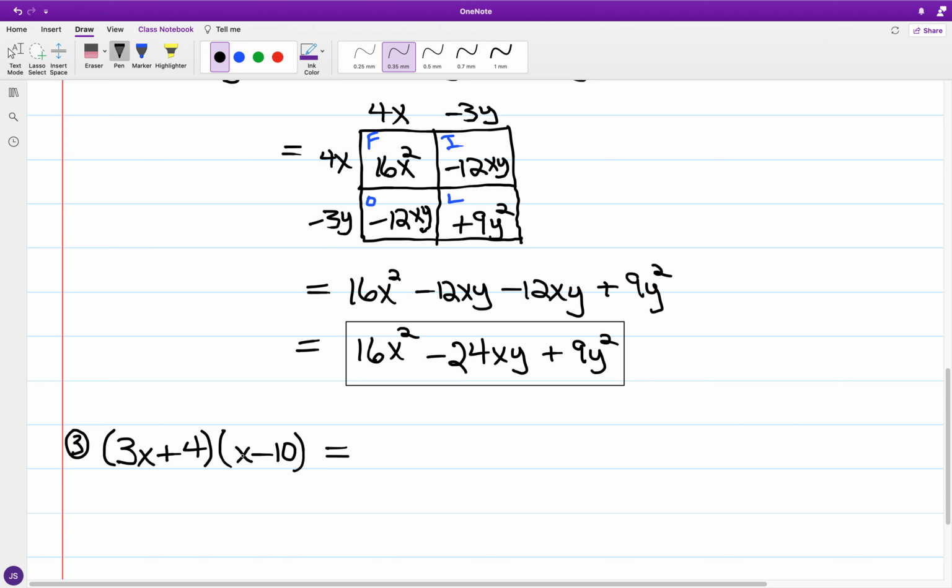Regardless, for the first terms, you'll have the interaction between 3x and x. For the outside terms, 3x multiplied by negative 10. For the inside, we have 4 and x. And for the last, we have 4 times negative 10.